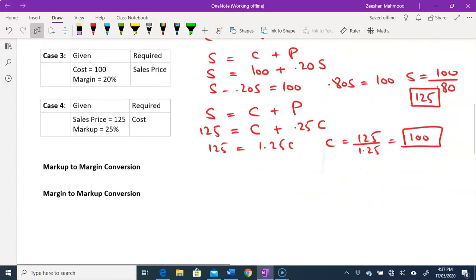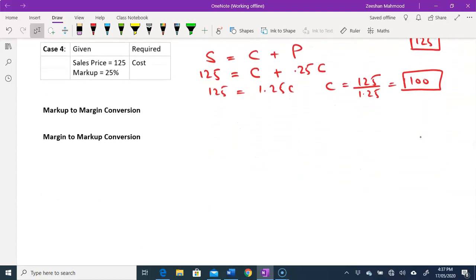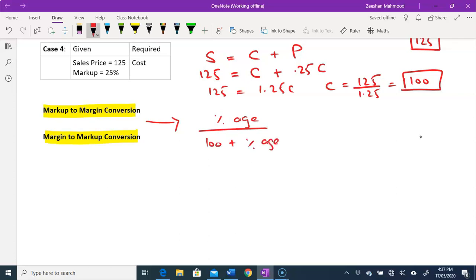Now there is another way we can solve this problem, and that is to convert the percentage of markup to margin, or from margin to markup. There are certain formulas for that. In order to convert markup to margin, the formula is percentage over 100 plus percentage, multiplied by 100.